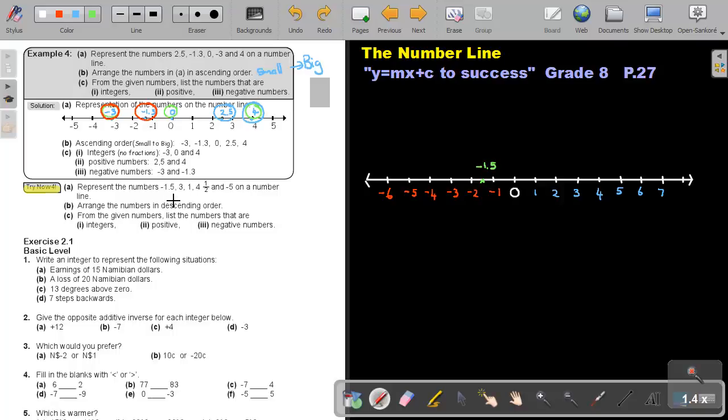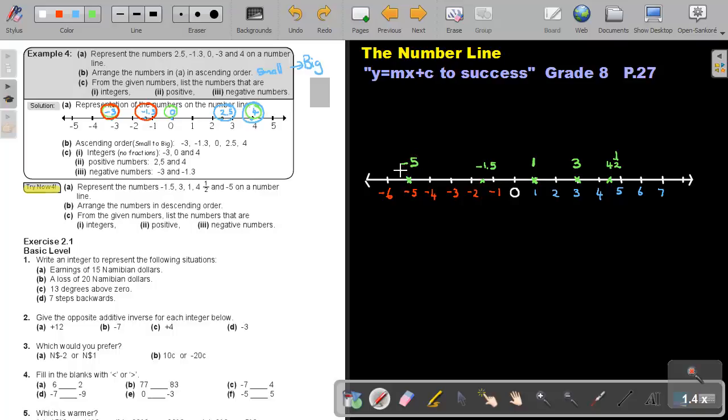Then the next one, 3, will be exactly there. So, this will be 3. Then the next one, 1. That will be 1. Then the next one, 4.5. It will be between 4 and 5, exactly in the middle. So, it will be 4.5. And then the next one will be negative 5.